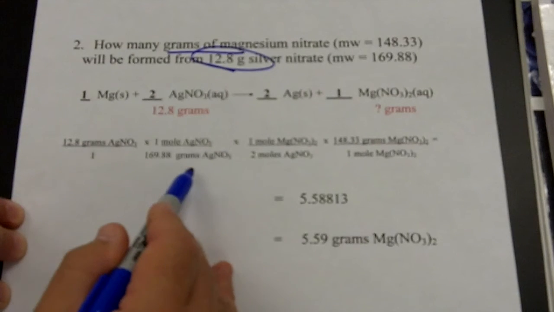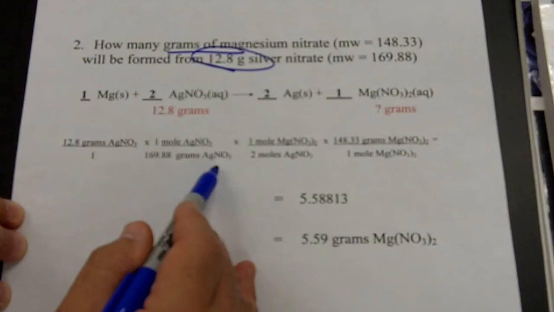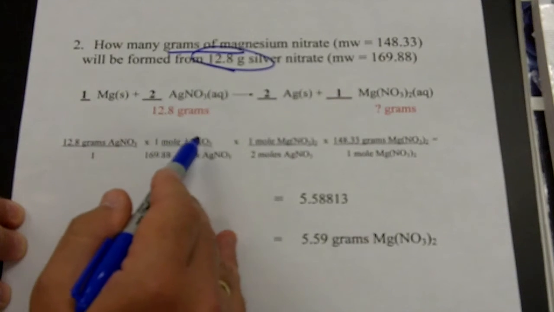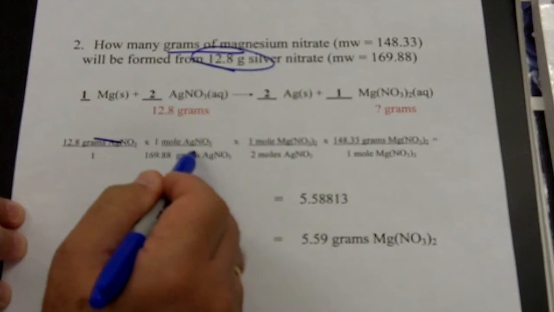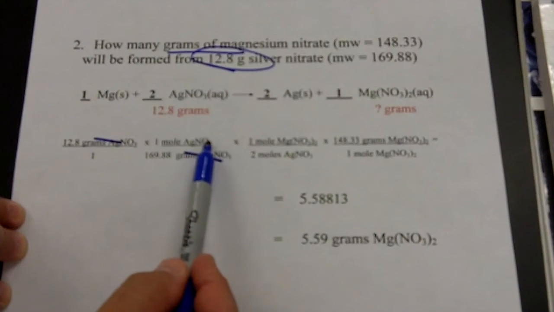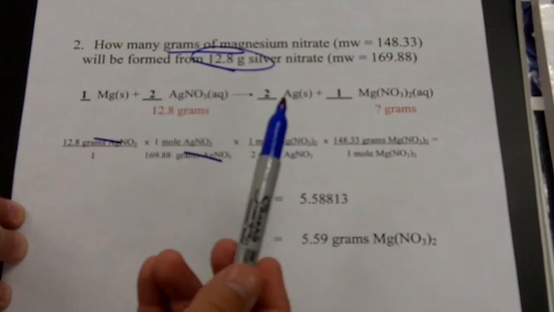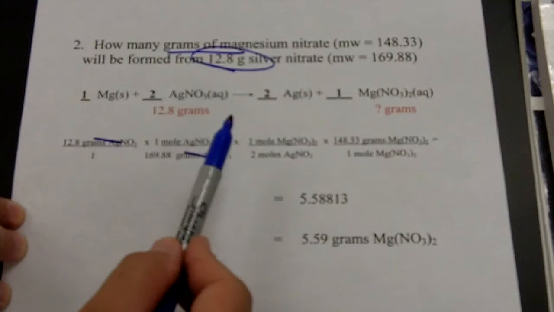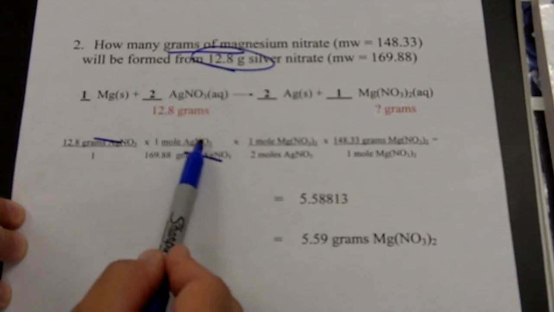So I just write that there, 169.88 grams of silver nitrate per mole of silver nitrate. Grams of silver nitrate go away, and I have moles of silver nitrate. I need to get into the correct unit, and that's magnesium nitrate, so I don't even have the right chemical.